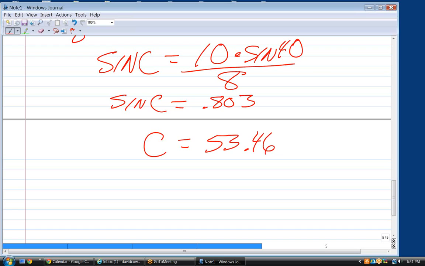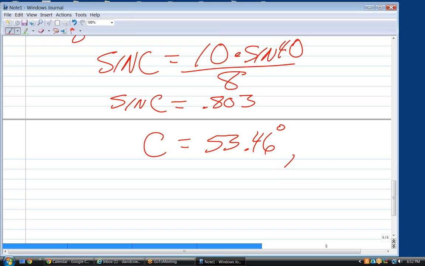In other words, it looks like we're done. But not really, because notice there's two inverse sines of 0.803. What is the other angle that actually is true also from your trig? For sine c? Yeah, in other words, if the sine of c is equal to 0.803, then c is not just 53.46 degrees, there's also a second quadrant angle.